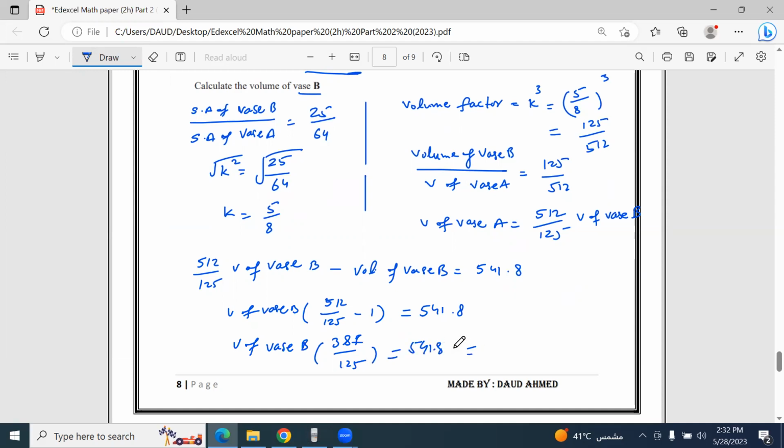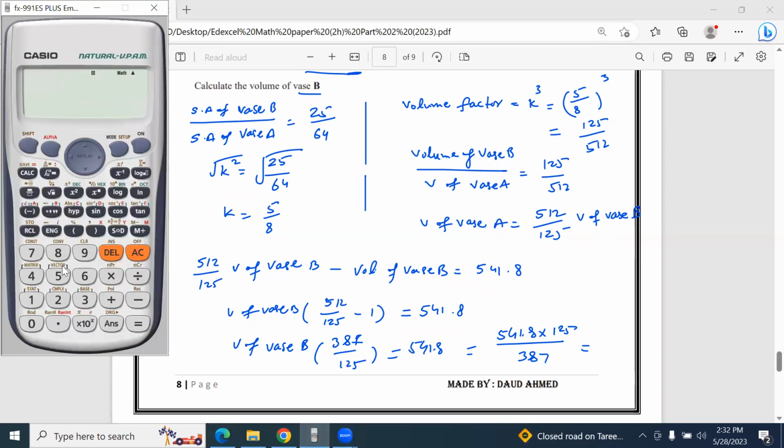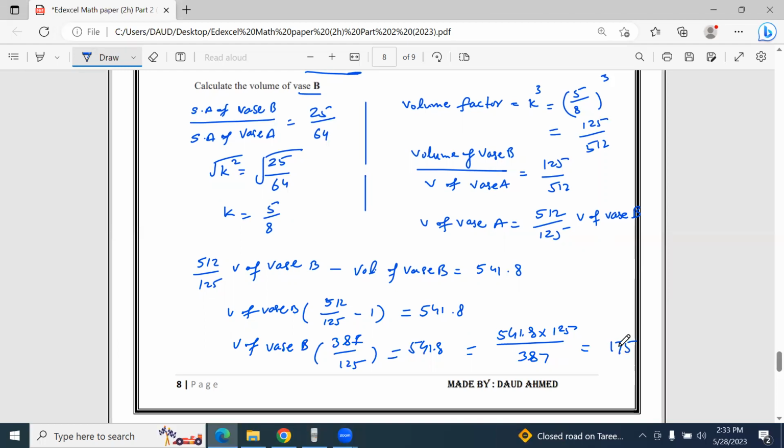Taking it to the other side, it is 541.8 multiplied by the reciprocal, 125 over 387. That gives me 175. So this is our required answer, 175.